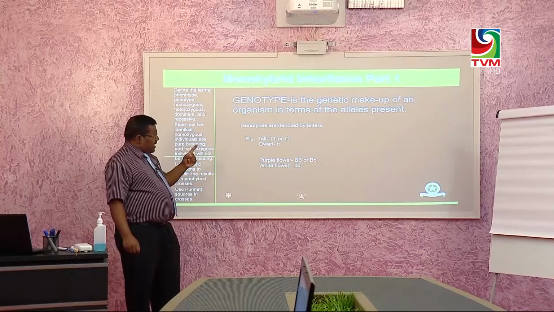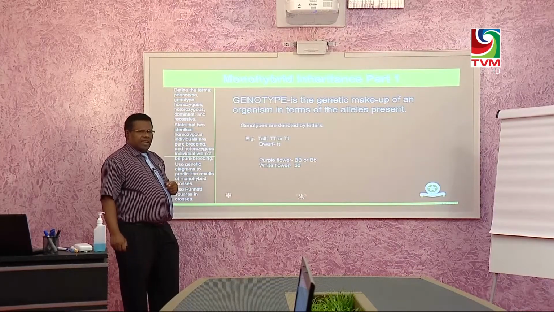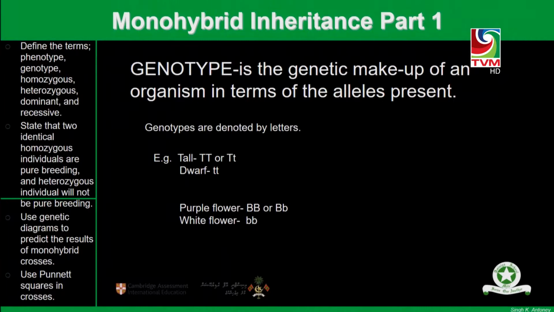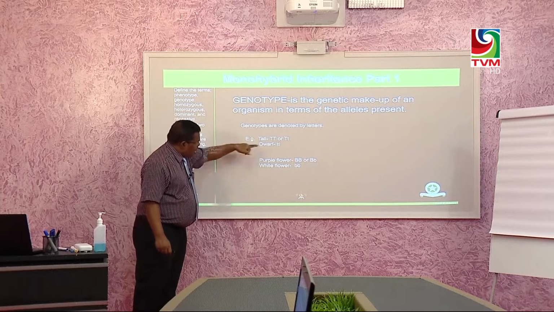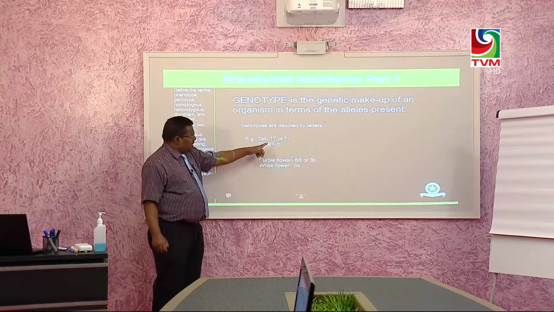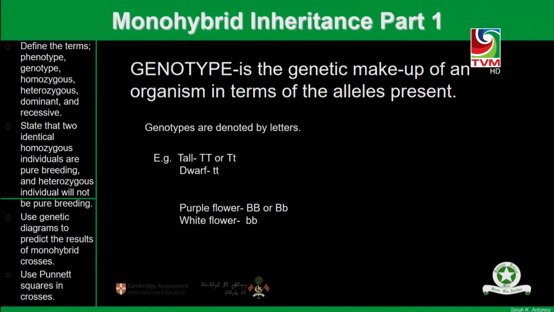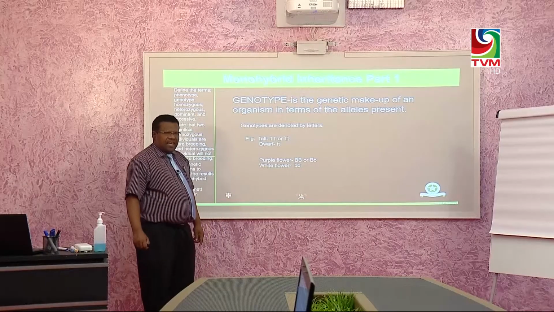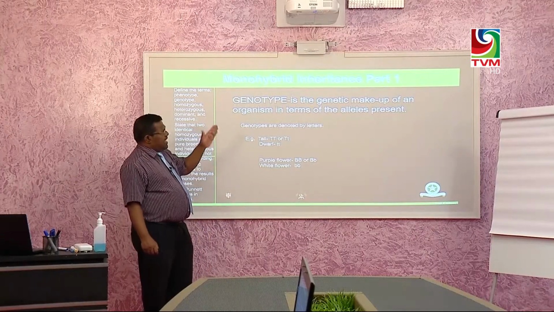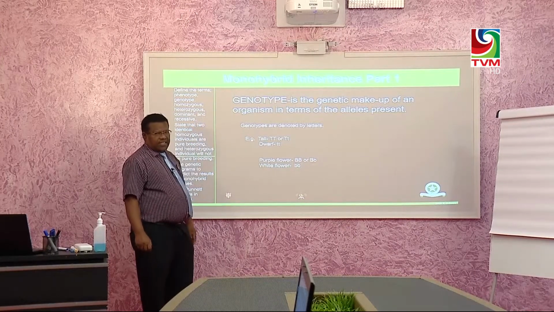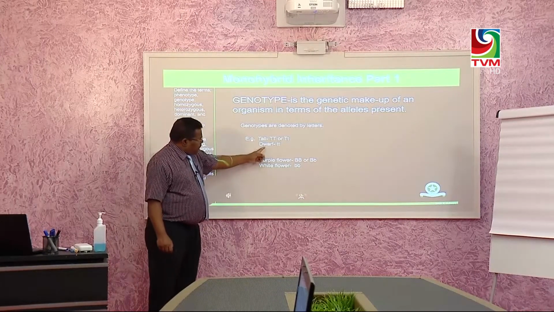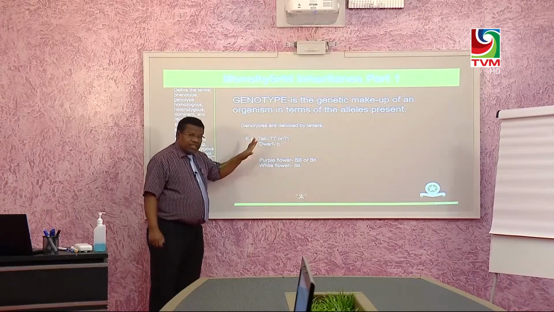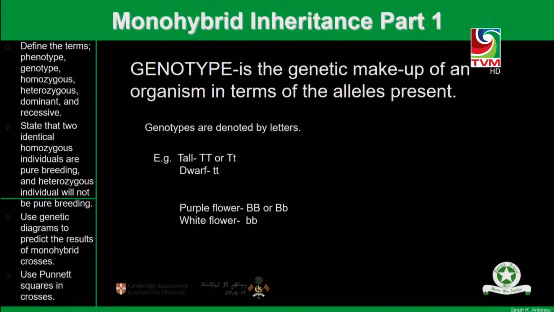For example, if you consider the length of the stem, the phenotypes tall and dwarf, we have written for tall the genotype as capital T capital T or capital T small t, which is how the alleles are being found, or we say the genetic makeup of the character. And for dwarf, it is small t and small t. The difference you will learn as we proceed with the lesson.